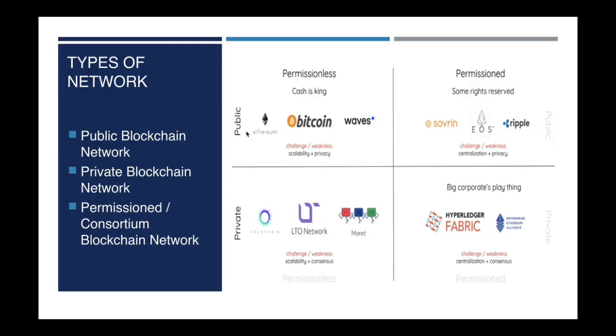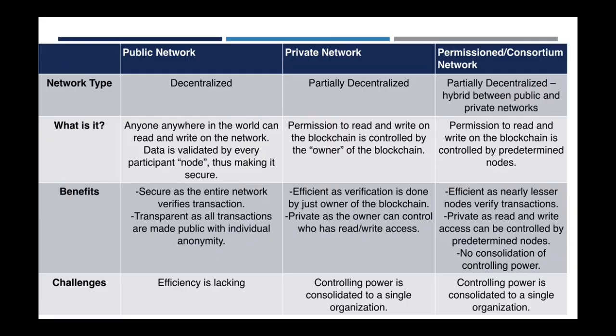For example, in permissionless or public blockchain, you have Bitcoin as an example, and so on and so forth. The main focus of this session is Hyperledger Fabric. We will take a deep dive into Hyperledger Fabric in this session. You can also have a look at all the other types of networks as well.